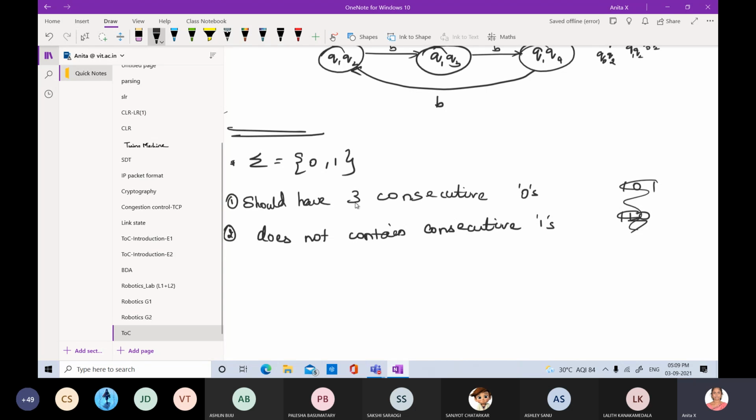Here in the first case, we are talking of 3 consecutive zeros. So for both the cases, the input alphabet is 0 and 1. The next is simple one: starting with 0 and ending with 1.